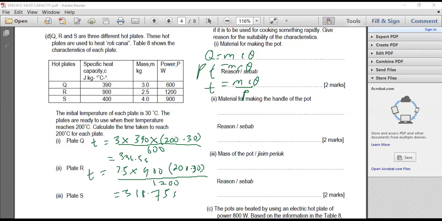For S also the same. T will be 4 times 400 times 200 minus 30, divided by the power, which is 900.